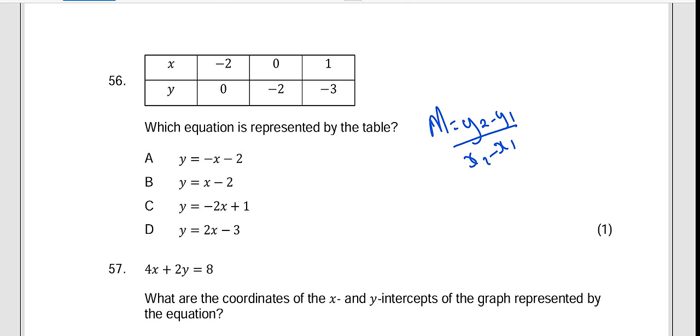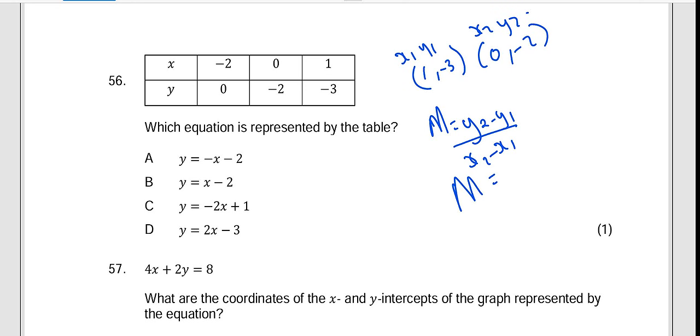You can take this one and minus 3, and you can also take 0 and -2. This is x1, y1, x2, y2.